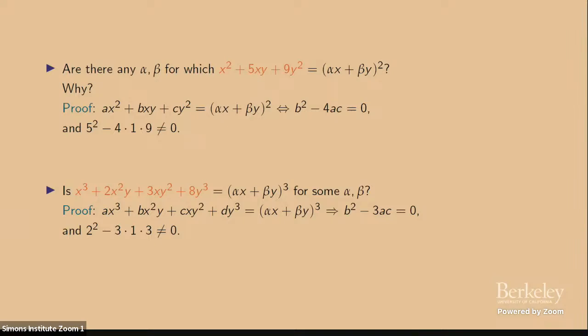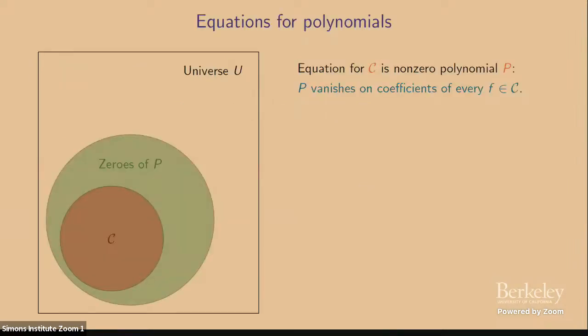And what these things are, b squared minus 4ac and b squared minus 3ac, are equations for polynomials. More pictorially, let's look at the picture first. You have some circuit class, let's say the squares of linear forms, or cubes of linear forms.